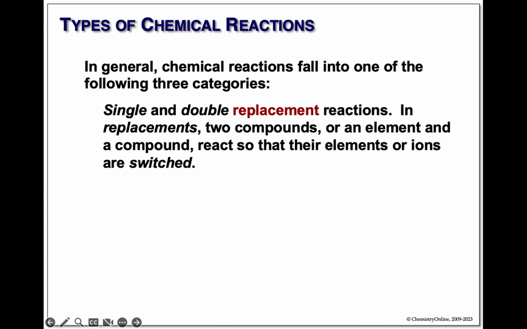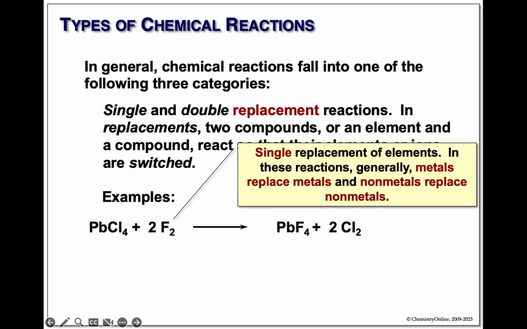Replacement reactions. There are two varieties, single and double. In a single replacement, you will take an element and a compound, and you will make an element and a compound.